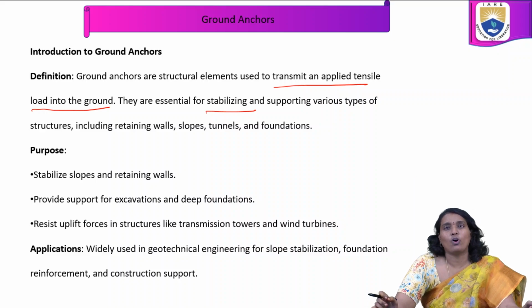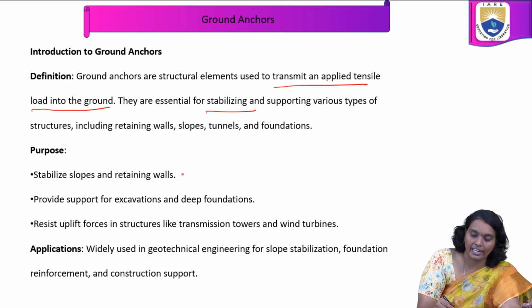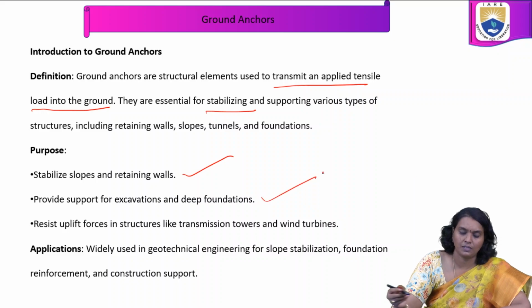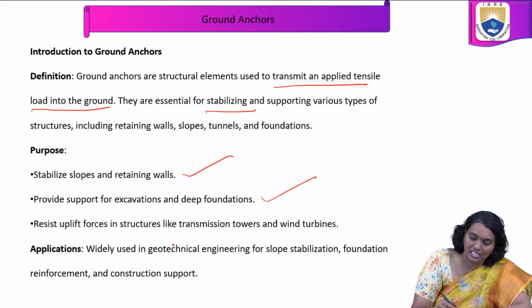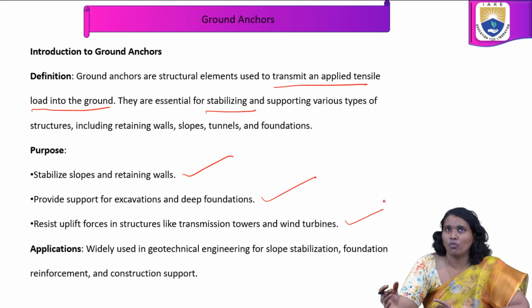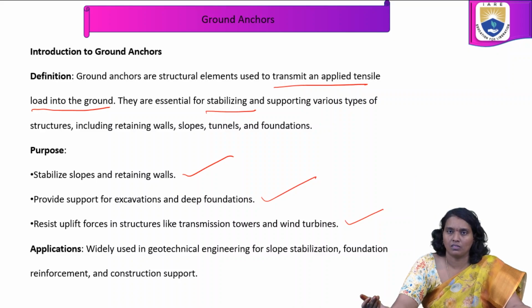The purpose of these ground anchors is to stabilize slopes and retaining walls, provide support for excavations and deep foundations, and resist uplift forces in structures like transmission towers and wind turbines. Whenever we place transmission towers and wind turbines, there is a chance of forces uplifting those structures.